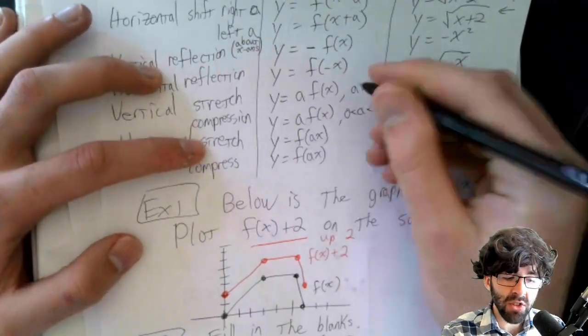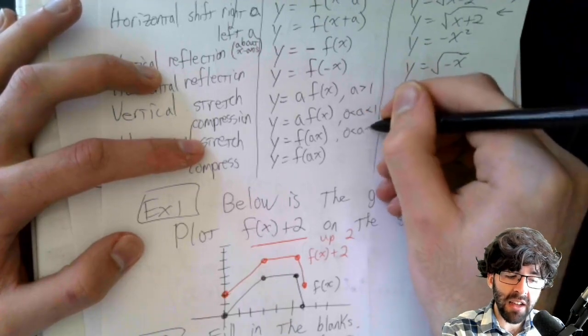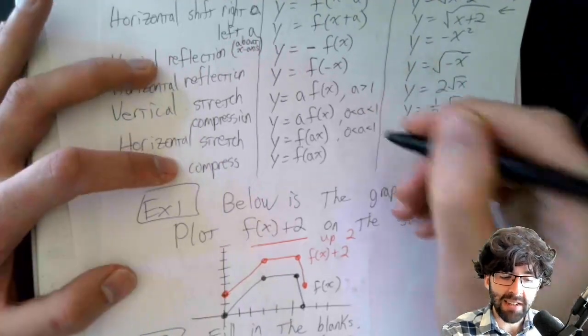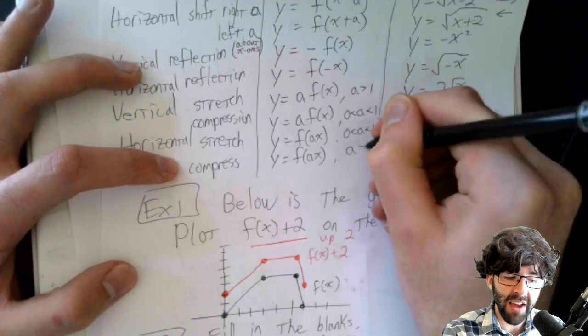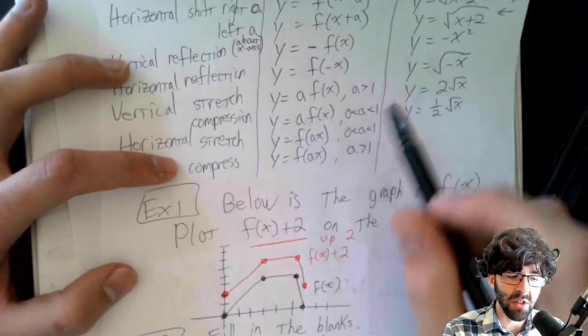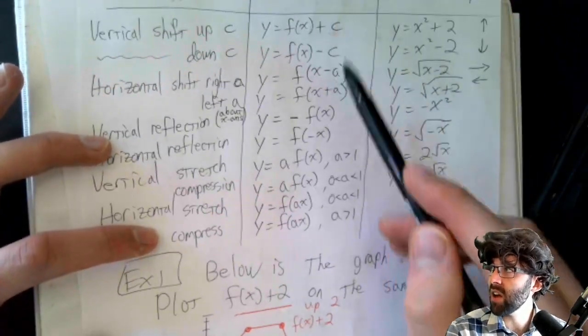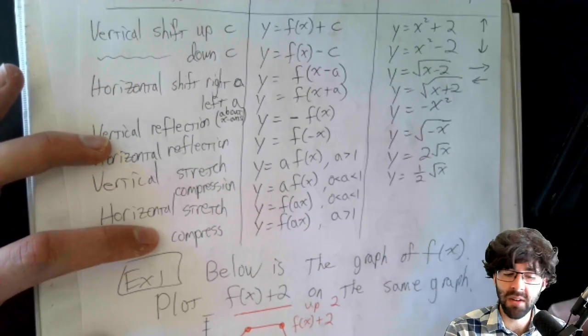And it's a stretch. Again, it's opposite what you might think if A is small. It's a compress if A is big. Opposite from the vertical situation. Just like with vertical shifts and horizontal shifts, it was opposite between those two things as well.